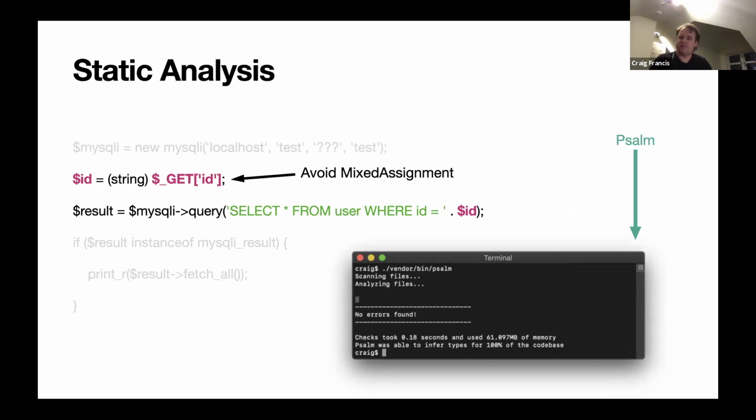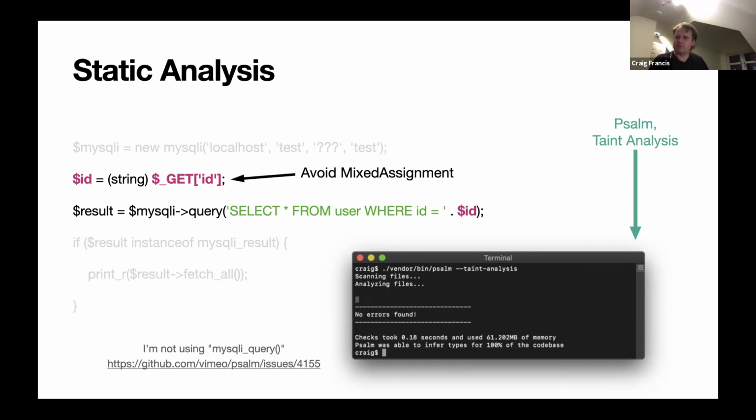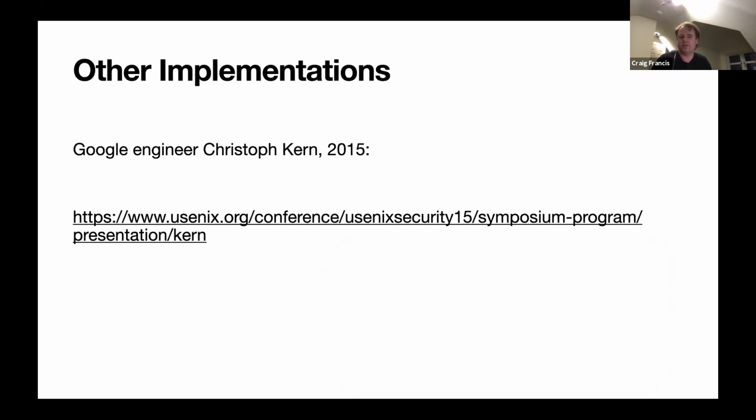Now, Psalm does have an interesting feature called taint analysis, which flows into this similar sort of idea, but in this case, it hasn't actually identified this particular problem. It's down to a bug, and this is the common thing with taint checking. There are problems with it.